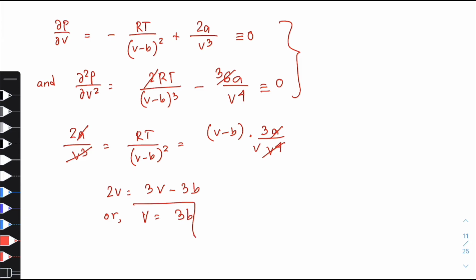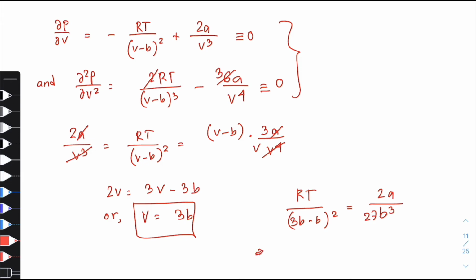And let us find the temperature as well. So from the first equation we find RT by (V minus b) whole squared, and here we put the value of V, that is (3b minus b) whole squared, equal to 2a by 27b cubed.